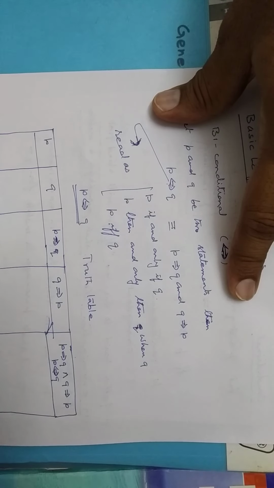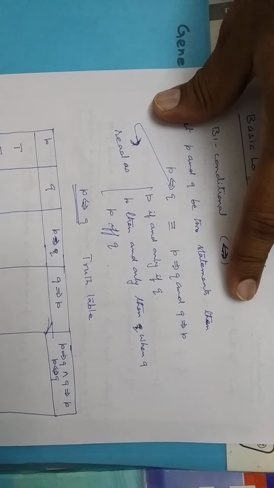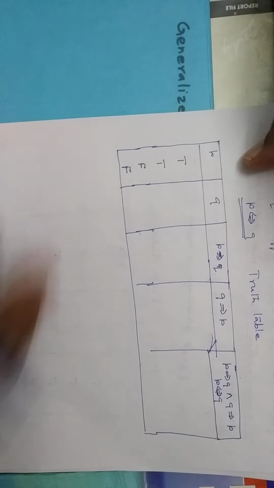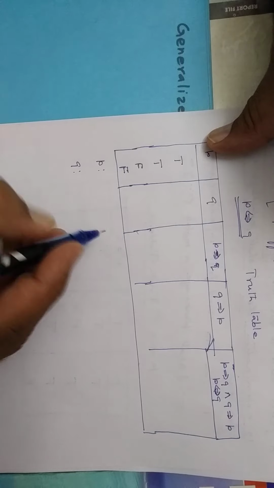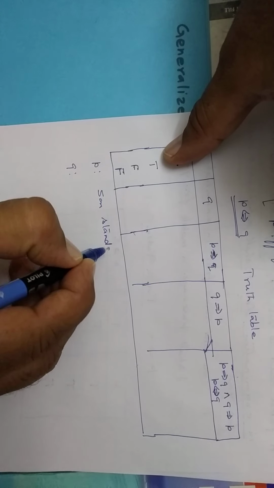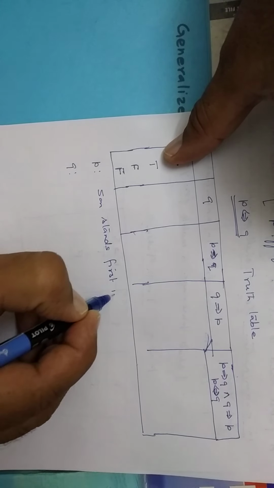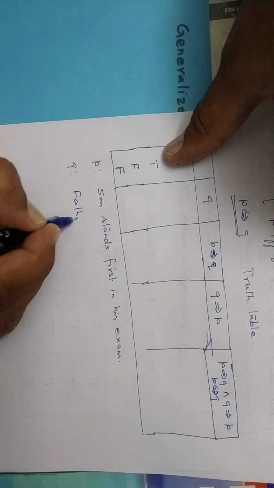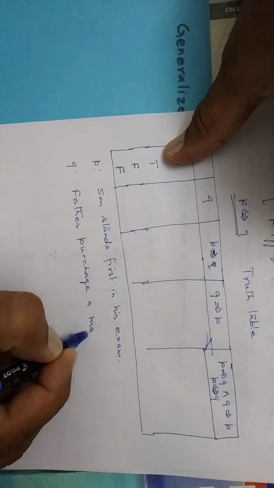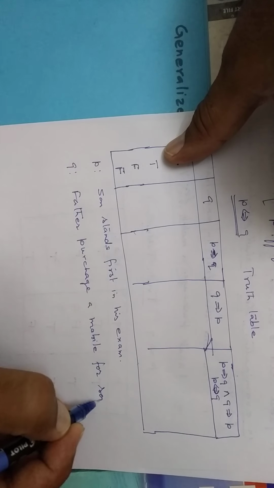So let us start. First we take the values of P. Here the statements are P and Q. P is: son stands first in his exam, and Q: father purchased a mobile for son.